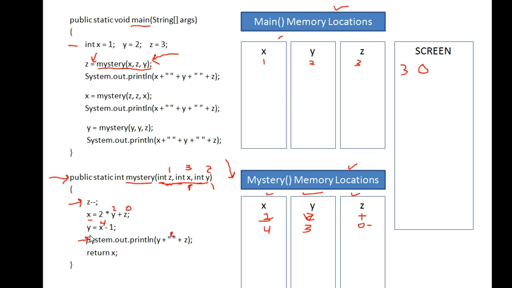All right, the next line down returns a value to the main method, because the main method is the one that did the calling, and so this now is going to return the value of x back to the main method. The value of x is 4, and so this is going to return a 4.